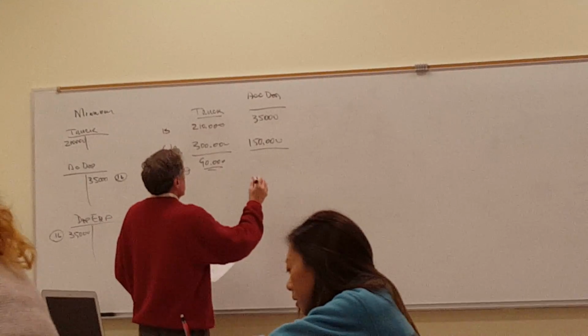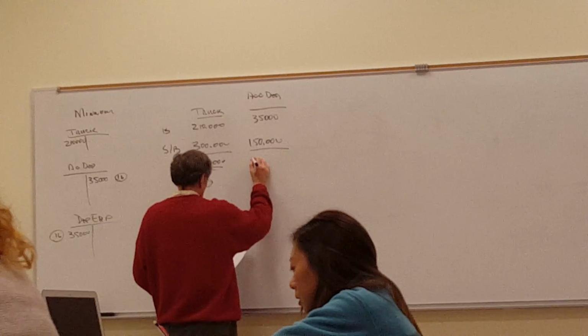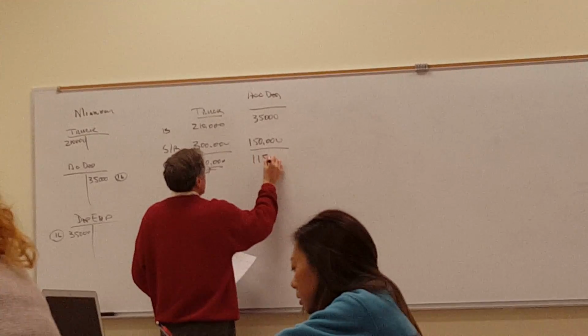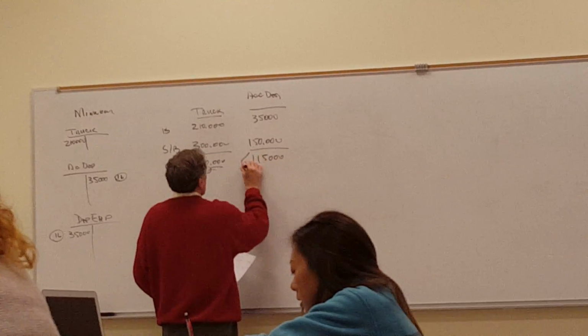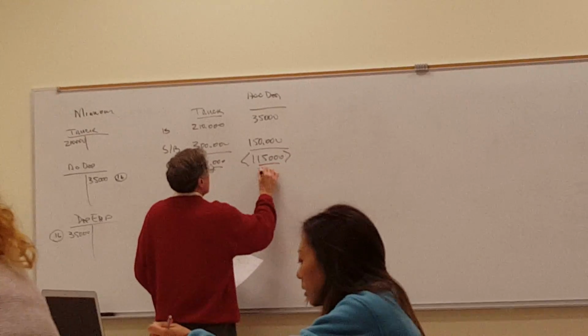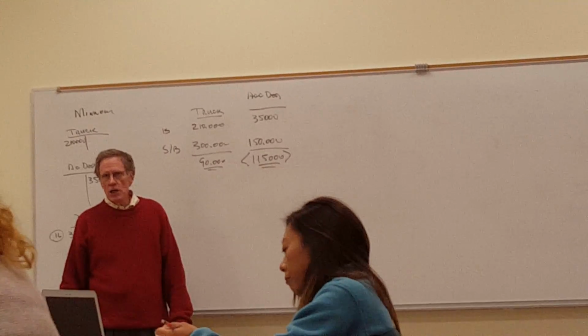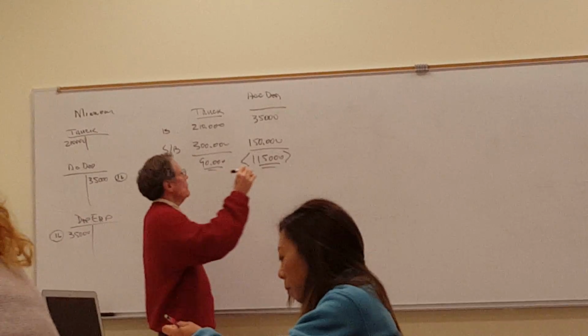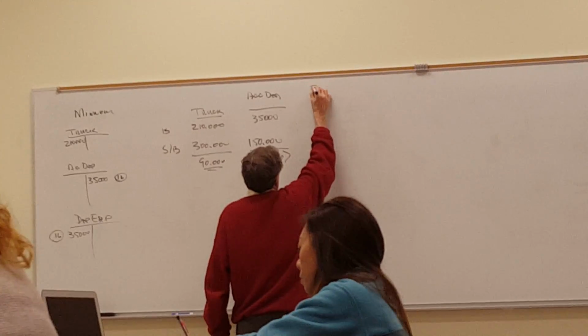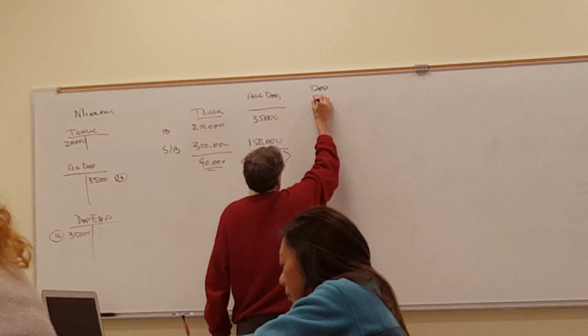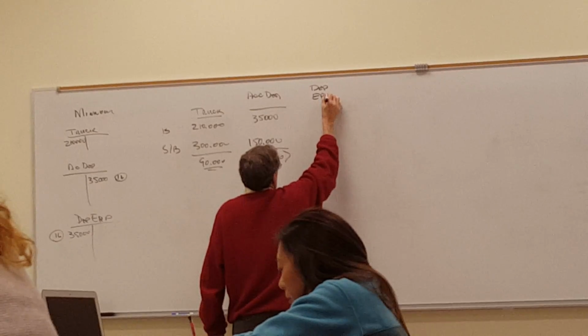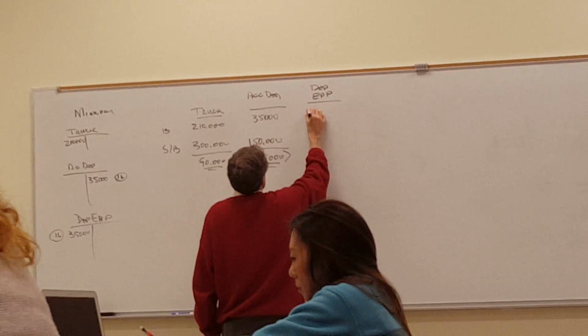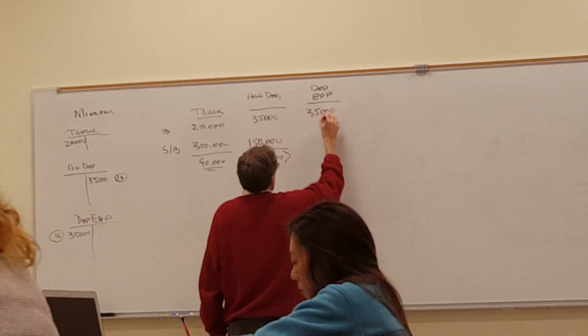So that would be $115,000 that we need to credit accumulated depreciation. Next thing we have on the books is depreciation expense. Depreciation expense is $35,000.